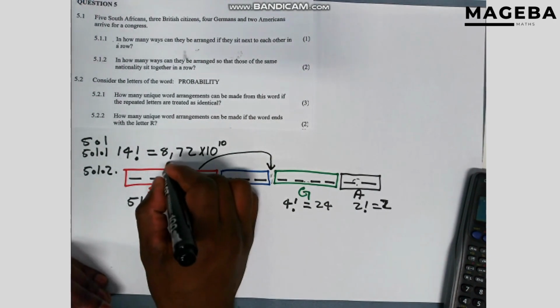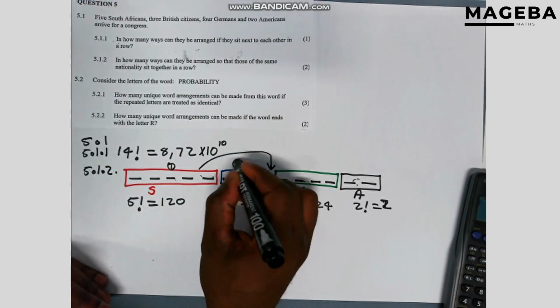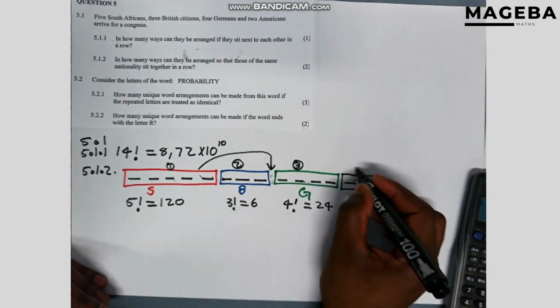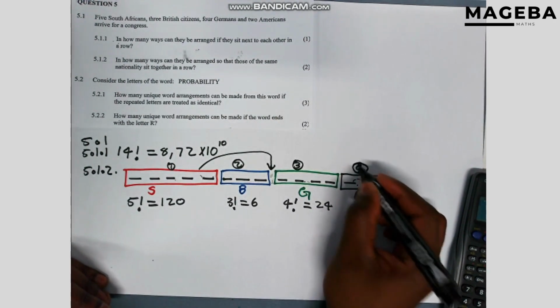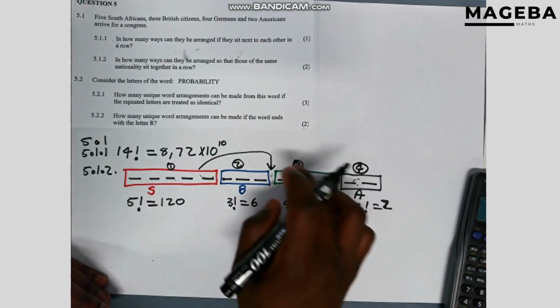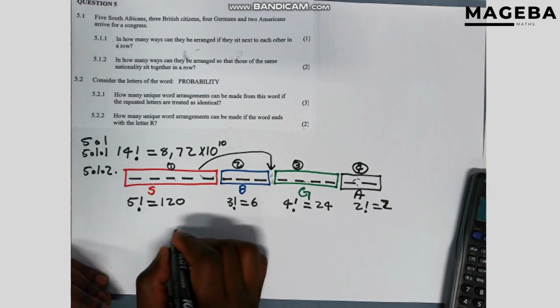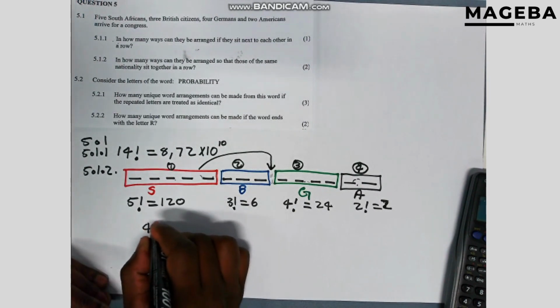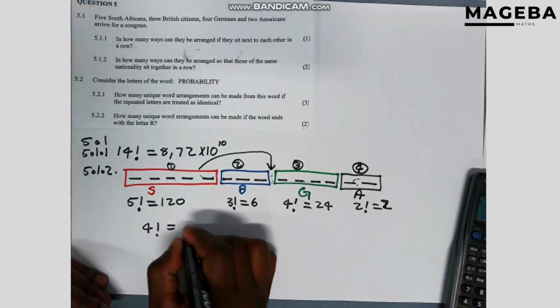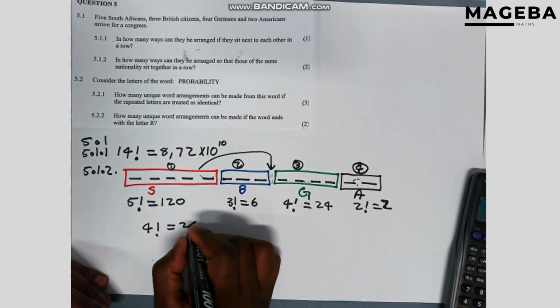So I also need the arrangement of the groups, which are 4, so 4 factorial, which is 24.